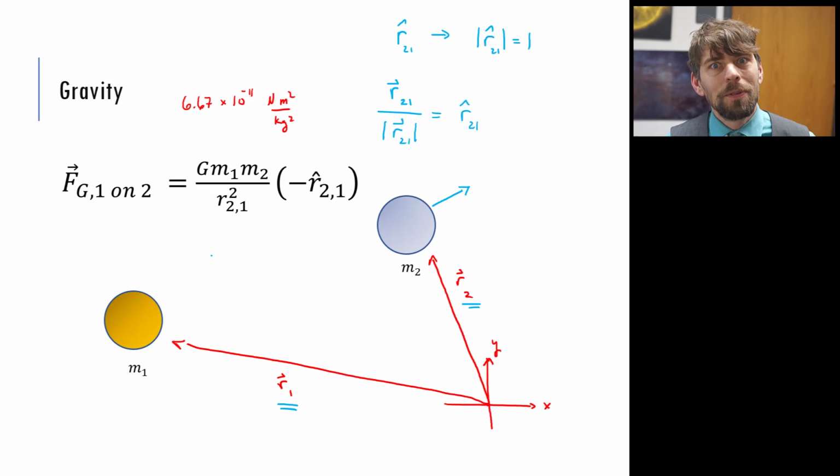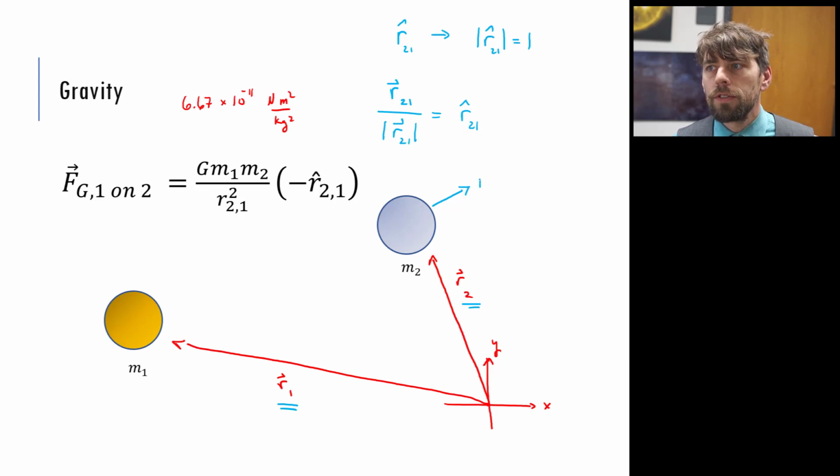It also helps because we had to find the magnitude of that vector anyway in order to apply Newton's law of gravity in the first place. So we have that piece of information and we're just going to use it to find the unit vector.